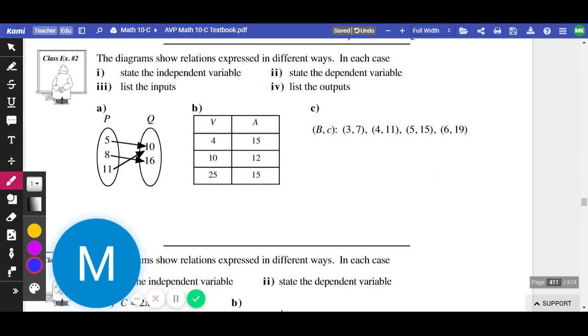In these diagrams, we are going to figure out which ones are the independent, which ones are the dependent, and then we're going to list them. Okay, and they gave us 3 different ways of ordering things. So this first question is a mapping diagram.